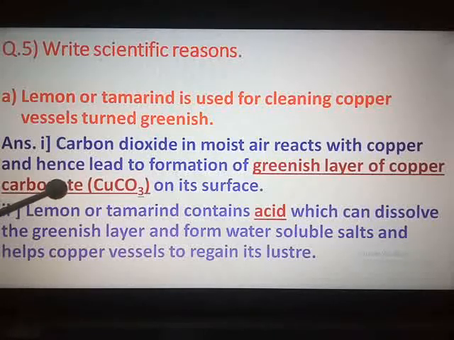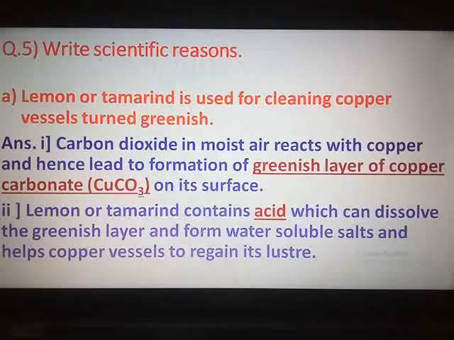In the second point you have to mention why lemon or tamarind is used, because they contain acids which have the capacity of dissolving that poisonous greenish layer, and then the copper vessels regain their luster again. Question number 5A is over.